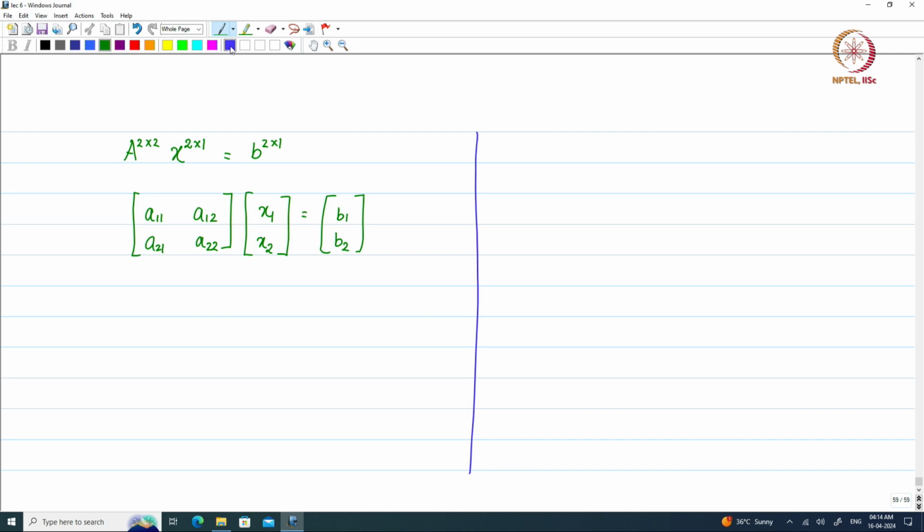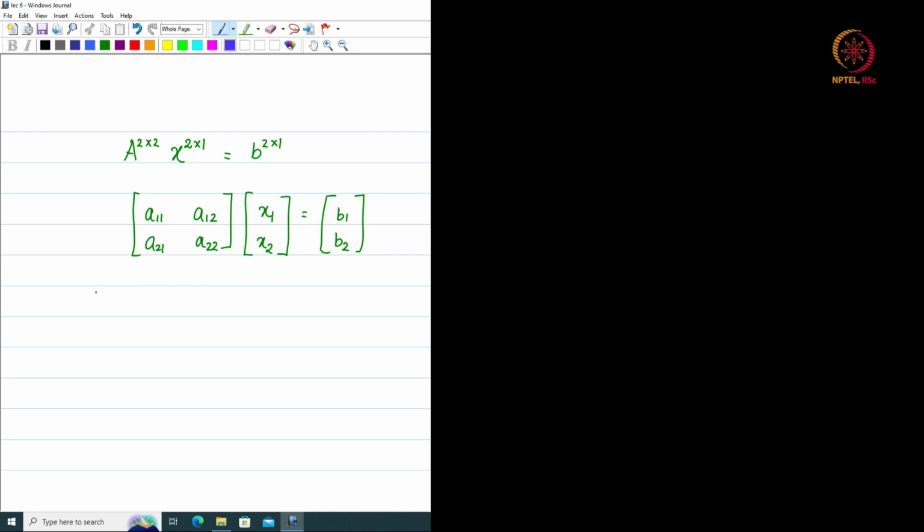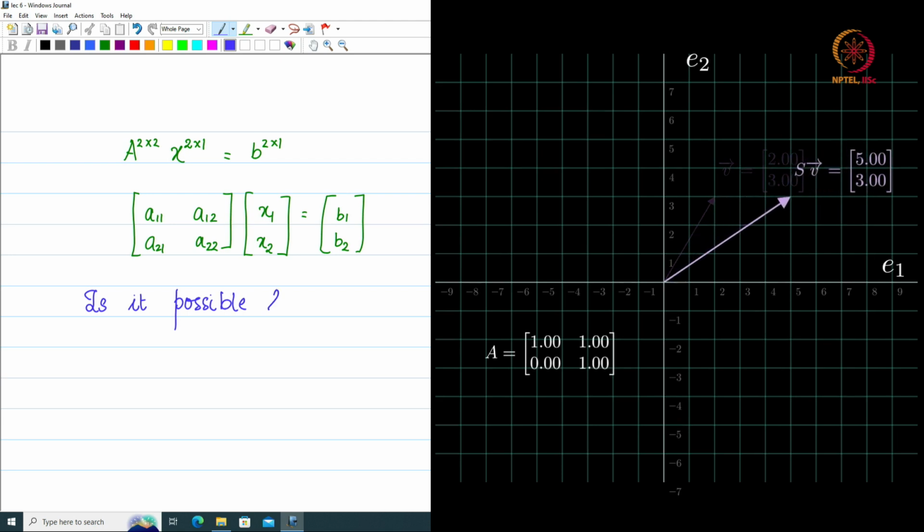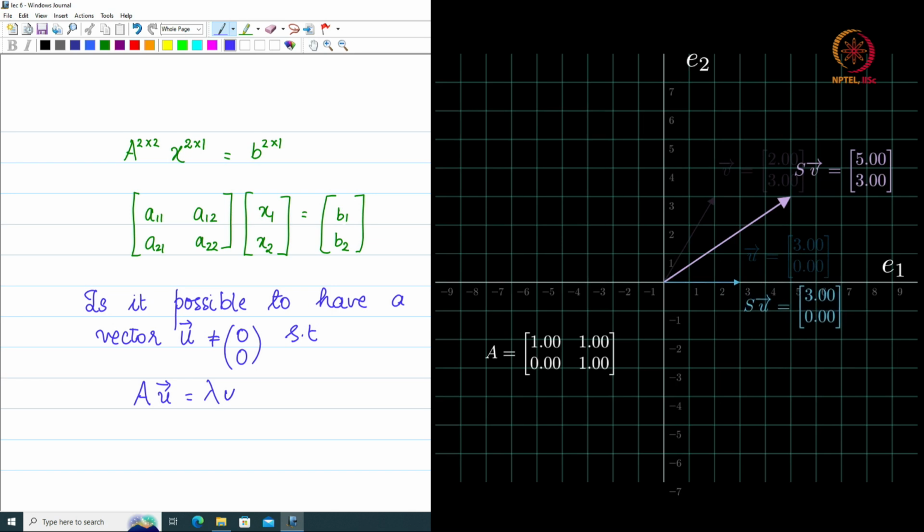So, we ended the last lecture with the question: is it possible to have a vector, say u, a vector u which is not equal to the 0 vector, such that A u is equal to lambda u?